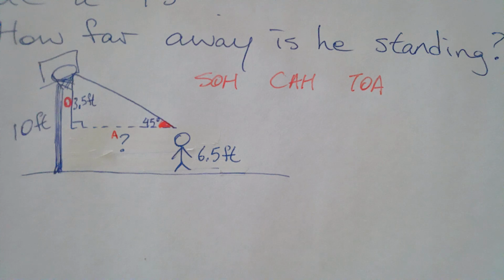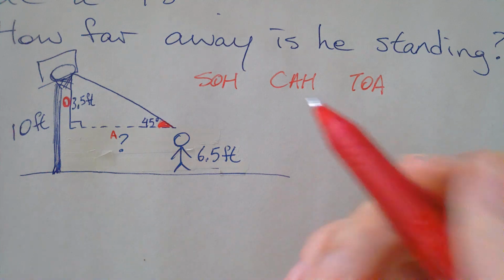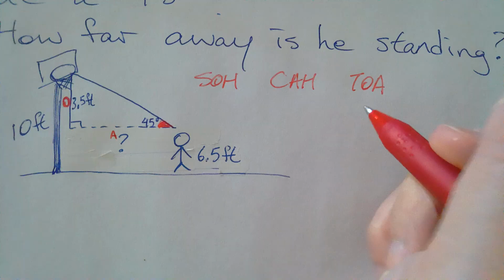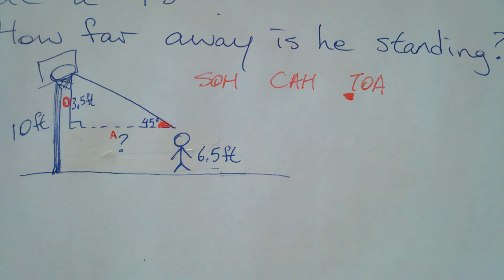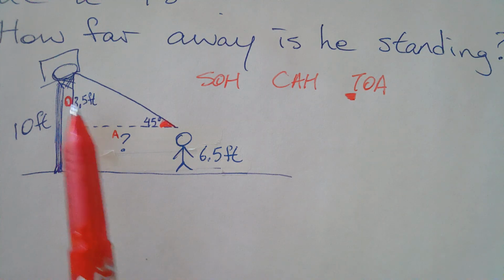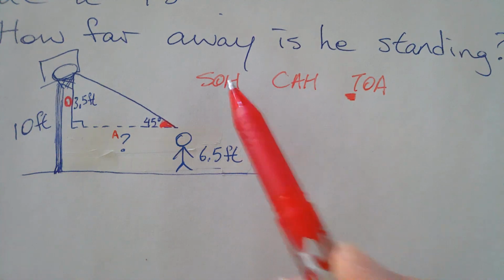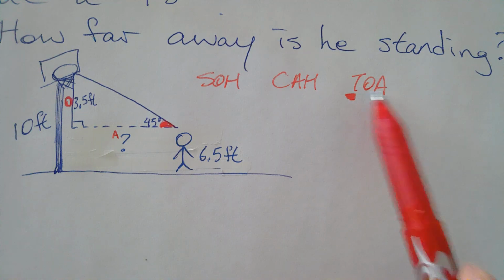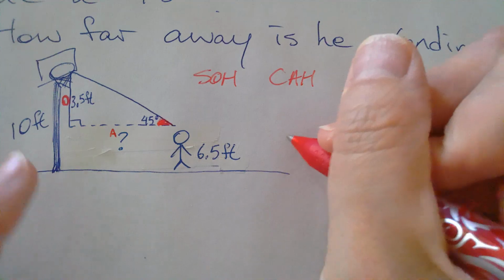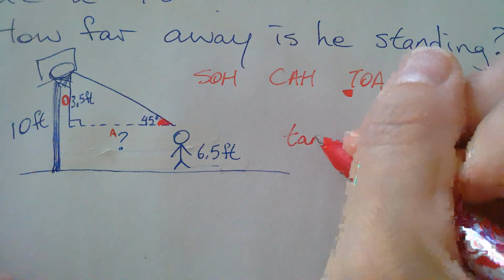Looking at SOH CAH TOA, which one of these have O and A in it? Tangent. So that's how you know out of the 3 buttons which one to press. First off, you have to label the O and the A, and then looking at SOH CAH TOA, this one has the O and the A. So that's how I know I should press tangent. Do I know the angle?